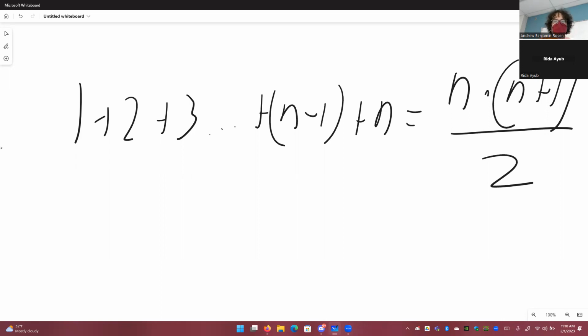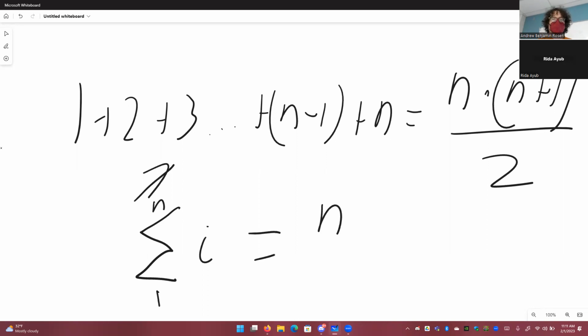This can also be rewritten as the sum of i from 1 to n, the sum of all the numbers from 1 to n, which we can simplify as n times n plus 1 over 2.